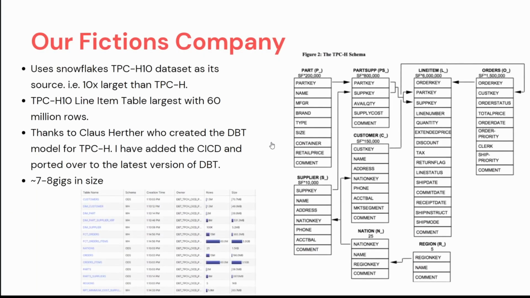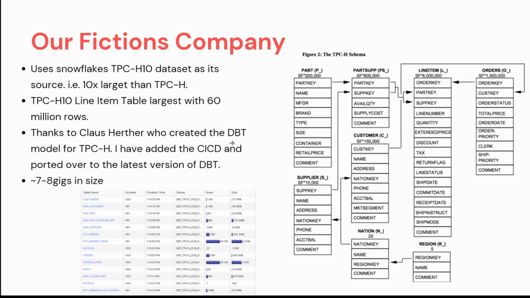First, let's quickly go over the fictitious company that we're going to be using in our demo. Snowflake provides a benchmark dataset called TPC-H, and it comes in various sizes from 1 to 1,000. And this allows you just to scale out a demo database to understand its impact and cost. Over on the right, we can see what the base model looks like.